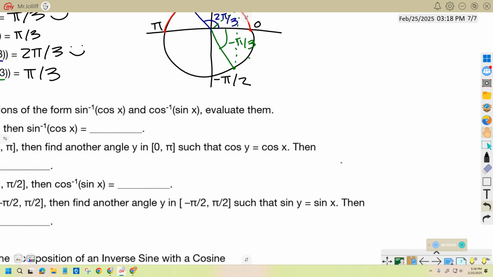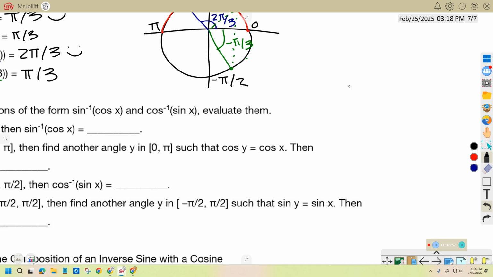So I'm going to scoot this over a little bit. So here is the coordinate plane. I'm going to start with sine. Does sine start at 0 or 1? 0. Sine starts at 0. So my sine function starts here, goes up, comes down. 0, pi, 2 pi.